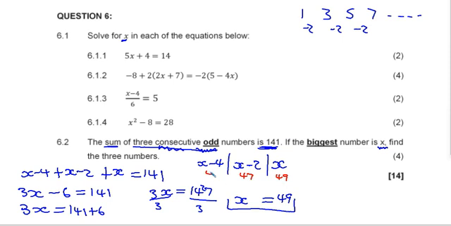That is 45. Or you could say 49 minus 4. That is equal to 45. So the three consecutive odd numbers are 45, 47, and 49. That's how you are supposed to answer these questions.